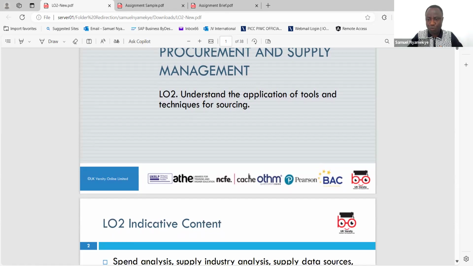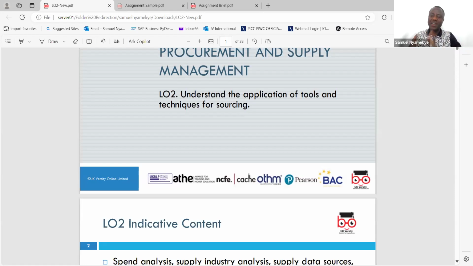Yes, cost analysis, price analysis. So some of the tools that we've tried to look at: one, managing price and cost. That is a very, very important tool, the skill to be able to manage price and cost, which we call the price and cost analysis. So that's one of the tools.